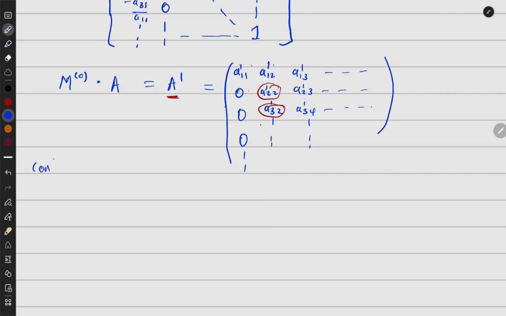Then continue to eliminate the entries A bar 2, A bar 3 2 downwards. Entries in that column, because you also need them to be zeros.